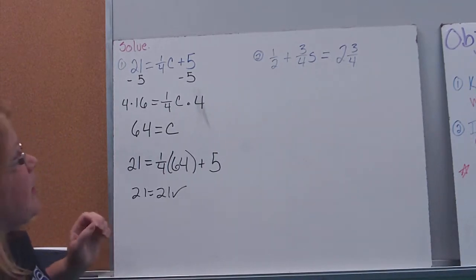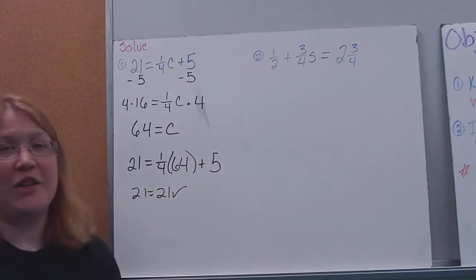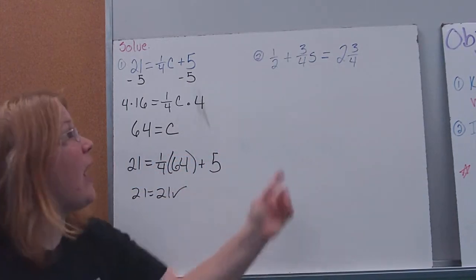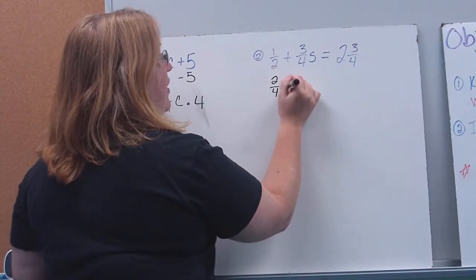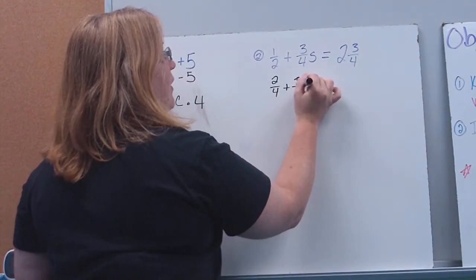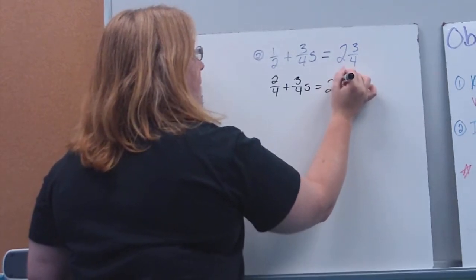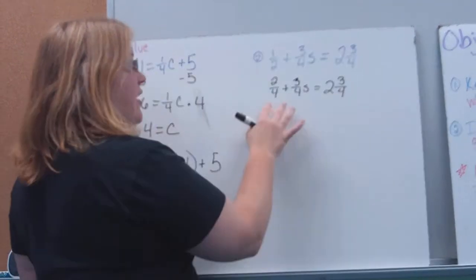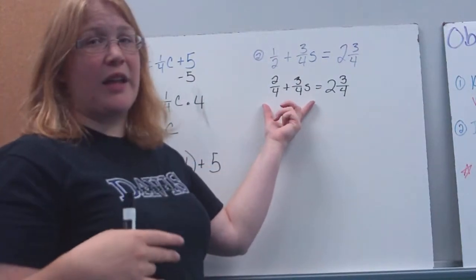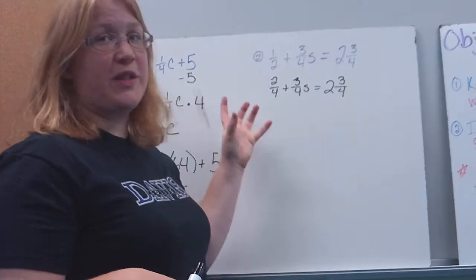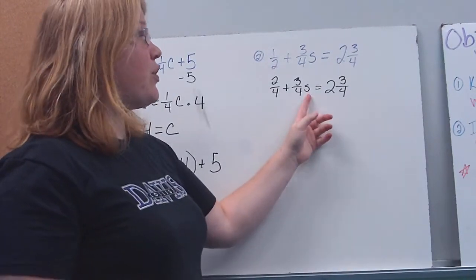All right, over here I notice now I have fractions. So now I want to rewrite them so that I have a common denominator. I'm going to rewrite my 1/2 as 2/4 since everything else is in fourths. And now the temptation here is to try and combine these two terms on this side, but you'll notice they're not like terms. I have 2/4, which is a constant, and I have 3/4 s.